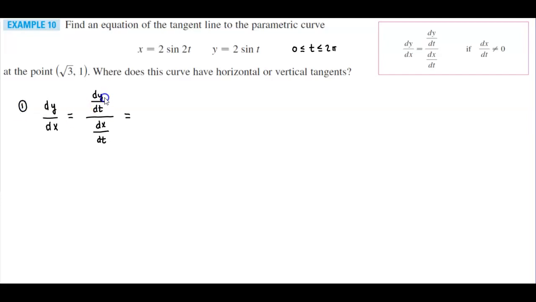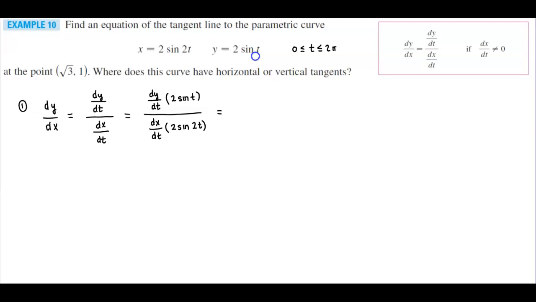So this is dy with respect to t. That means that we want to find the derivative of the y parametric function. So we want to find dy/dt of the function 2 times the sine of t, divided by dx/dt. So we're finding the derivative of the x parametric equation, which is 2 times the sine of 2t.